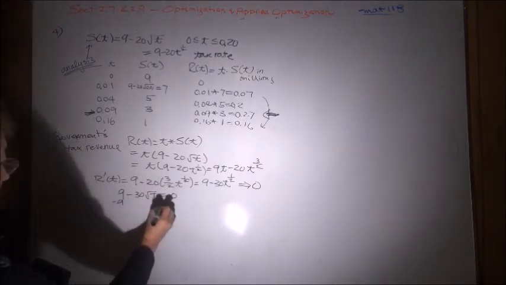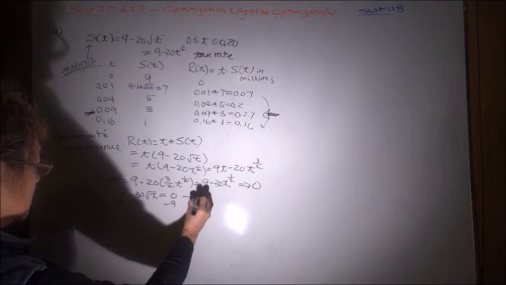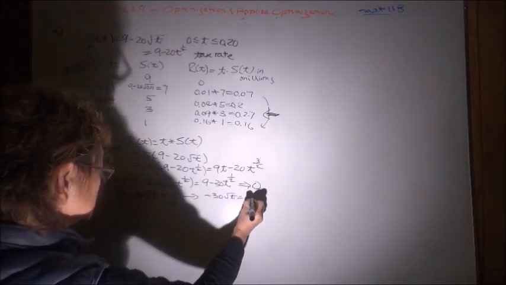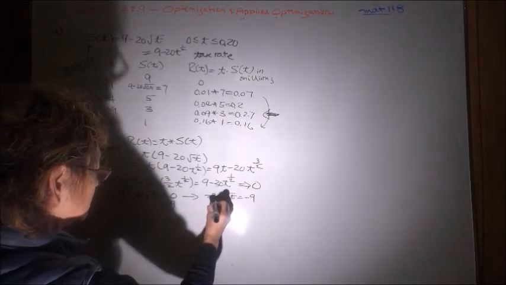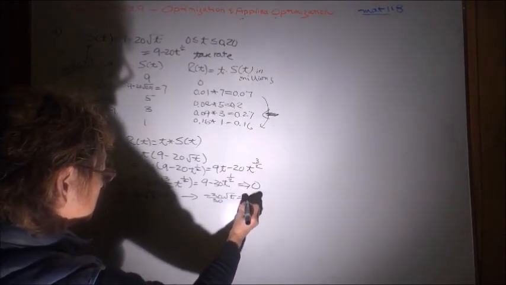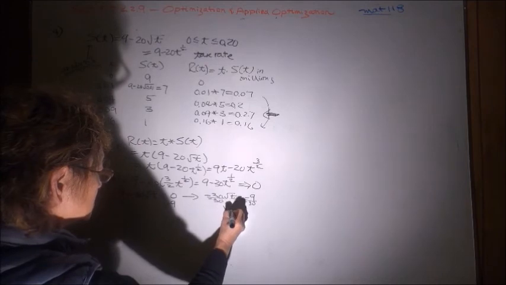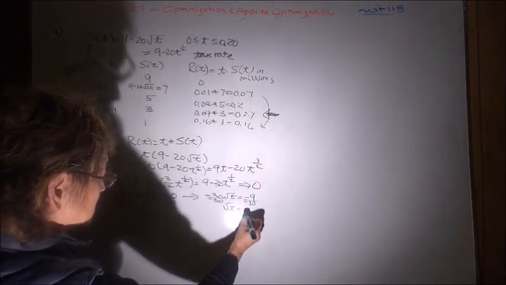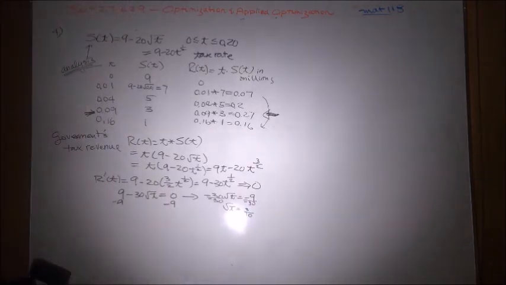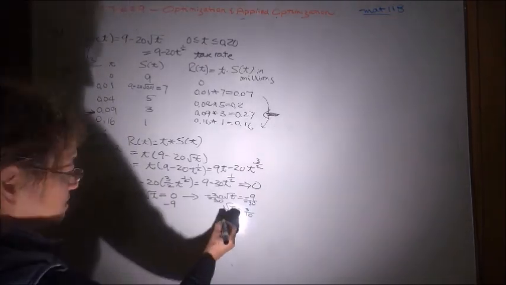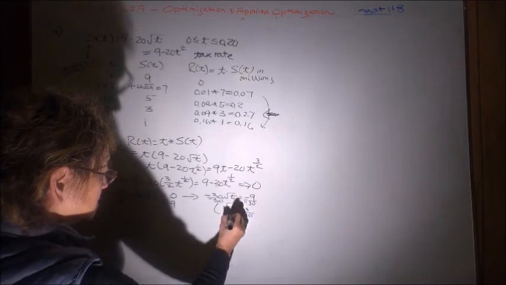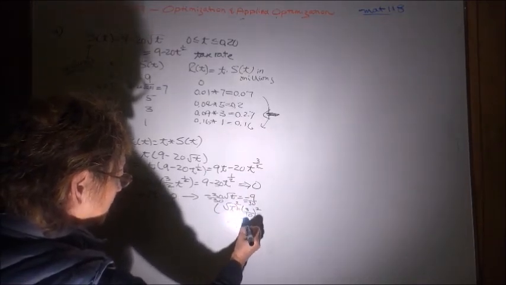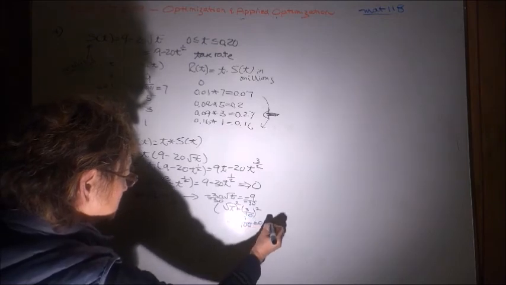Then you move the 9: negative 30 square root of T equals negative 9, divided by negative 30. So square root of T is 3 over 10, right? Then what's your T? You take the square, 9 over 100, that would be 0.09.